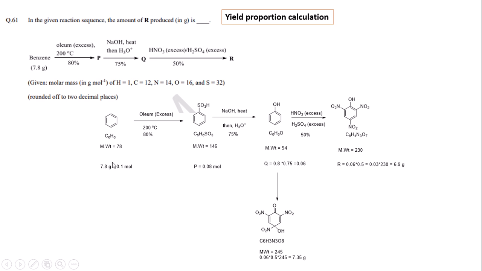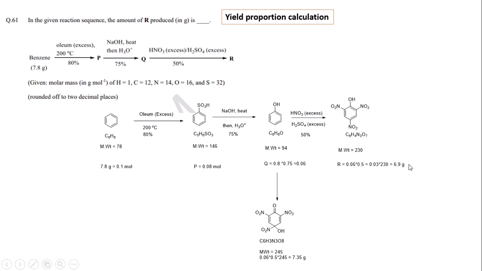If we calculate, the compound contains 7.8 grams, which converts to 0.1 mole, and after 80% conversion, it becomes 0.08 mole, and after 75% conversion, the 0.08 mole is converted to 0.06 mole, and after 50% conversion, it becomes 0.03 mole, and if we multiply it with 230, then 6.9 gram of product will be obtained.